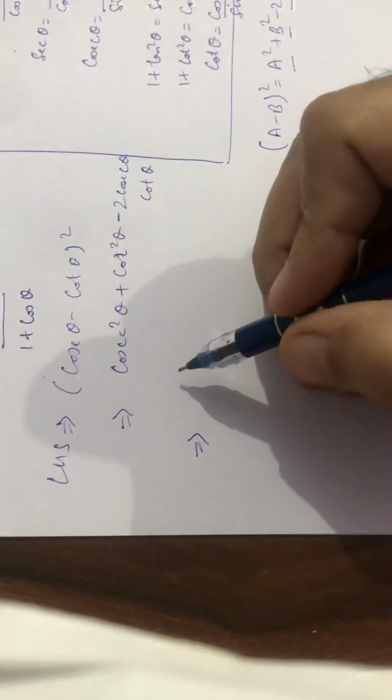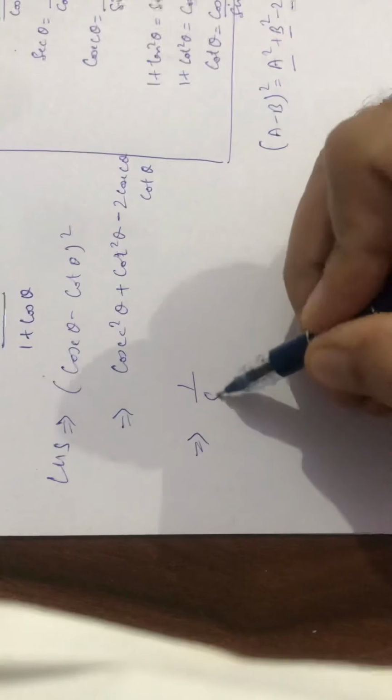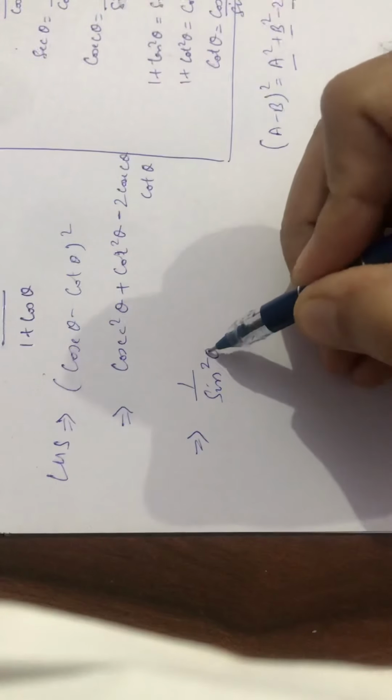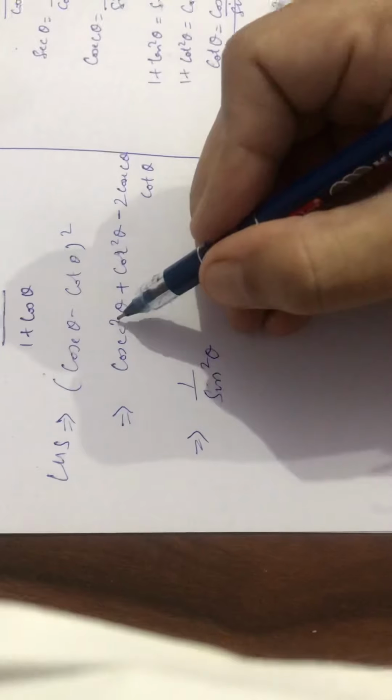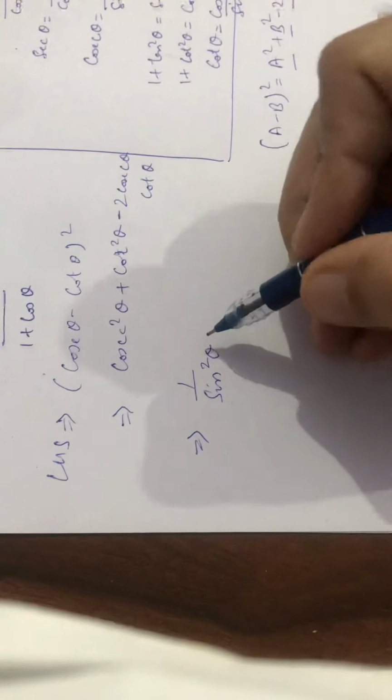So next thing is a simple thumb rule. We need to change it to simply sine theta and cos theta. So here you see you have cosec square theta, you can write it as 1 upon sine square theta.